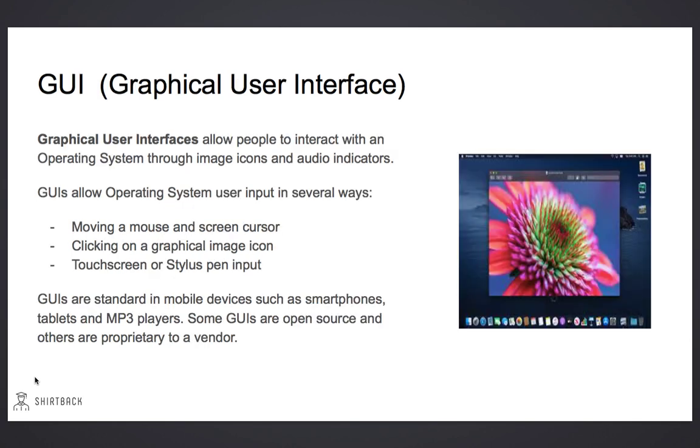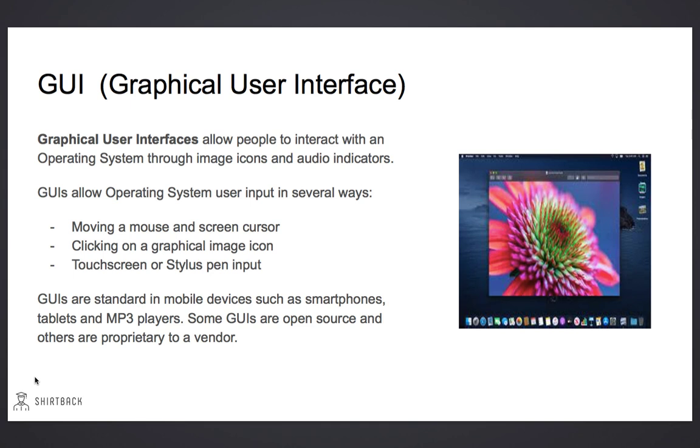All modern operating systems have a graphical user interface. We commonly call these GUIs. Graphical interfaces allow people to interact with the operating system through images and audio. GUIs allow the operating system to have user input in several different ways.